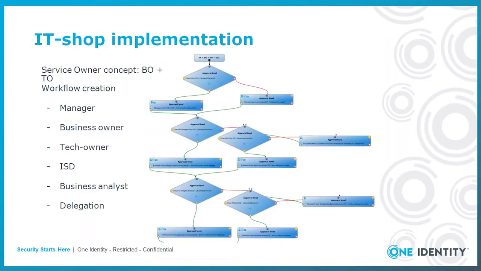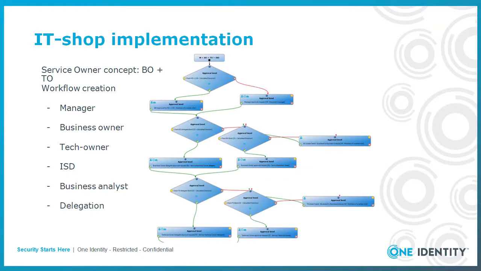So we don't stop the request. We just quickly respond to the lack of business owners, including people leaving their jobs and so on. So we have the manager, the business owner, the technical owner, the IDM, business analyst possibly, and delegated staff possibly.